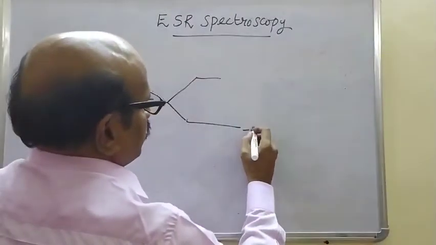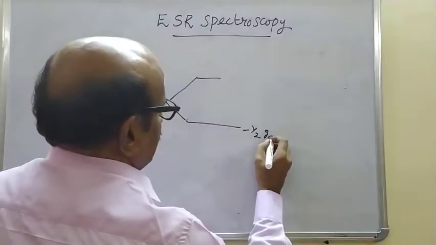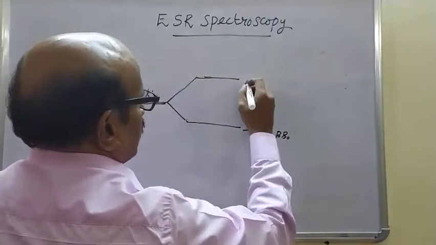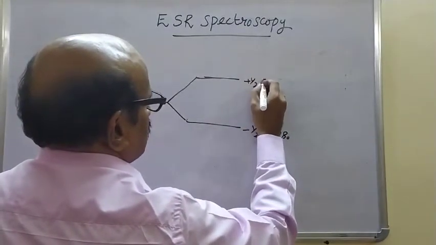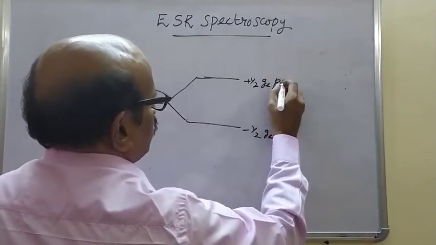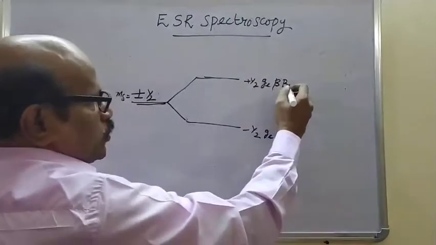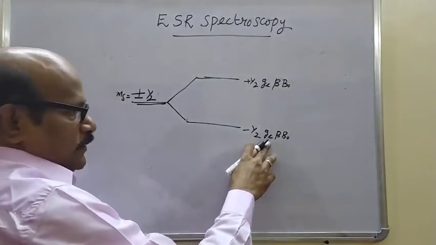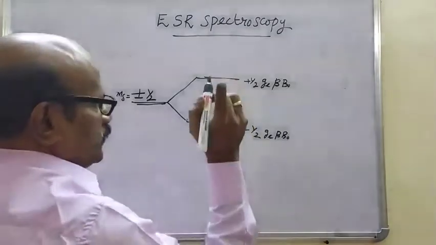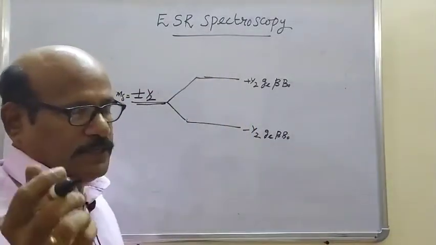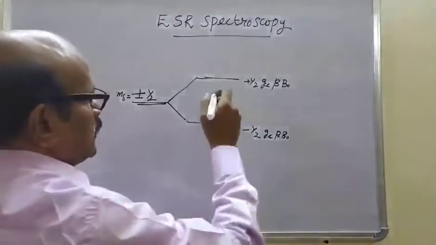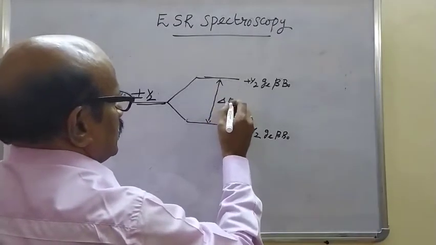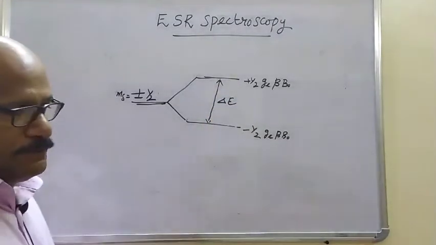That one is minus half g beta B0, and the other is of higher energy, plus half g beta B0, under the influence of an applied magnetic field B0, where beta is called the Bohr magneton and g is the electronic g factor, given the value 2.0023 for a free electron. And this is the spacing between the electronic spin levels.